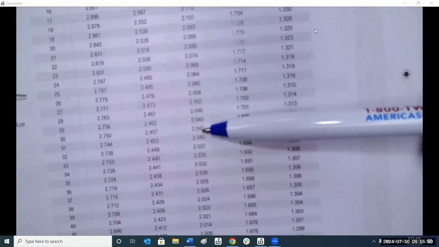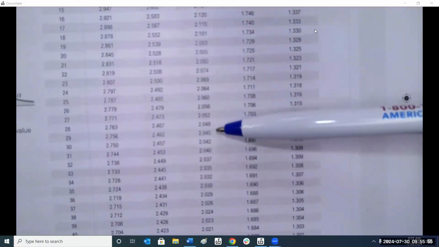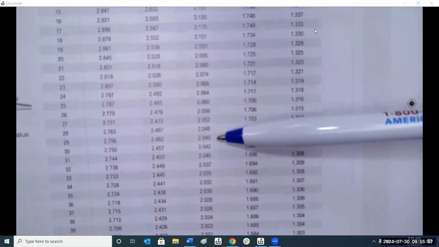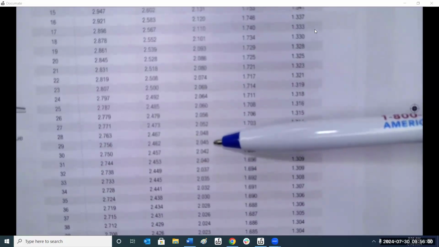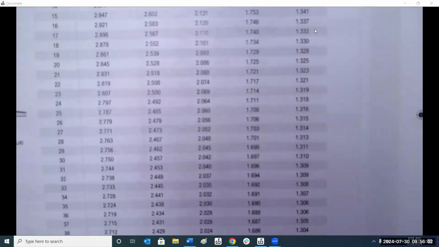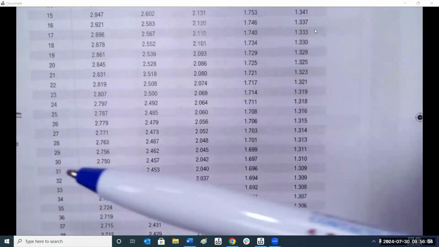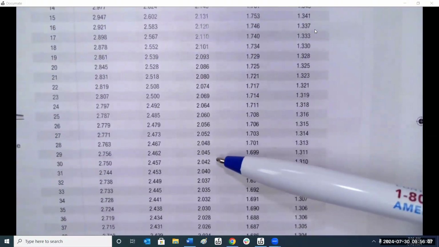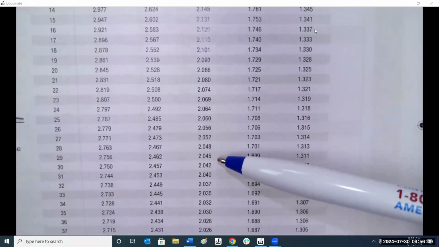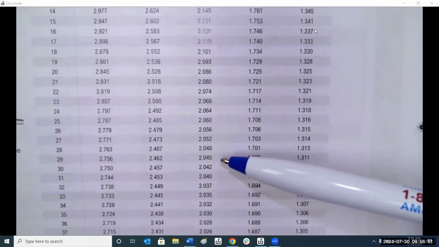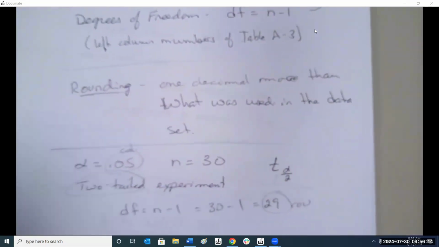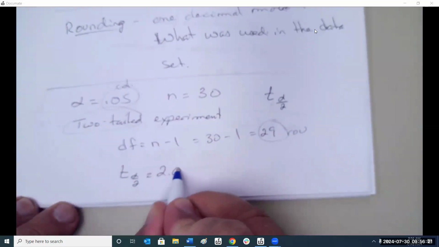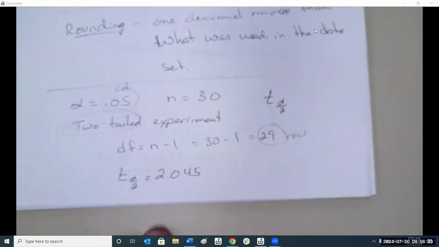We go all the way to 29, which is that one. 29 is that dark line right there, 0.05. So it's 2.045. So for our example here, our t alpha over 2 is 2.045 from the chart.